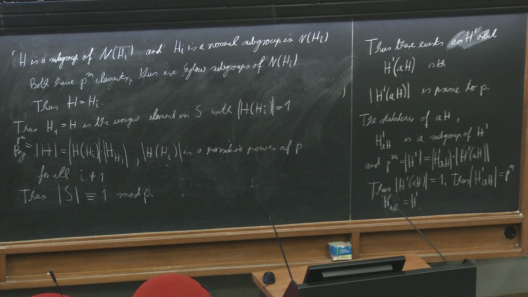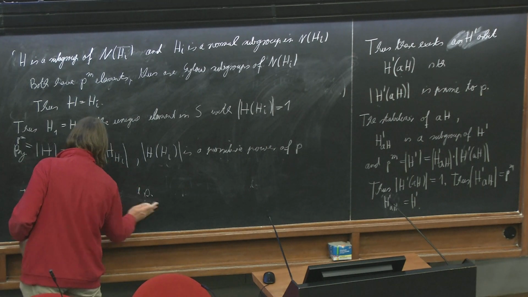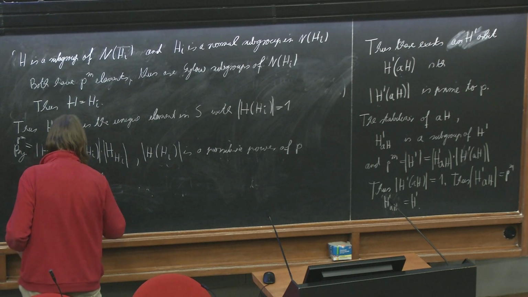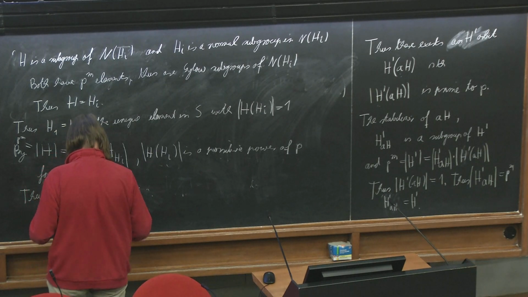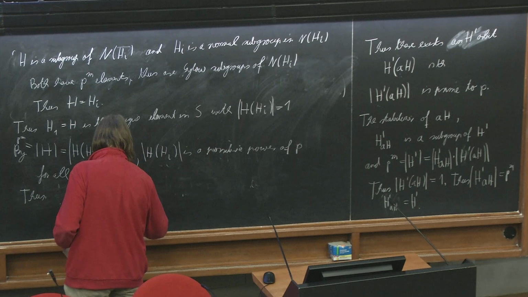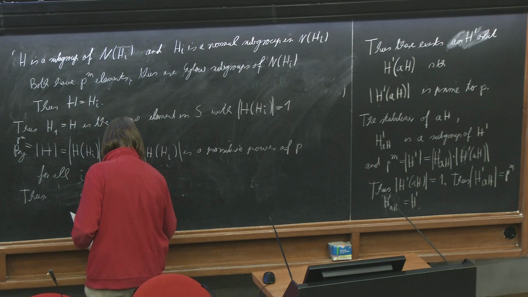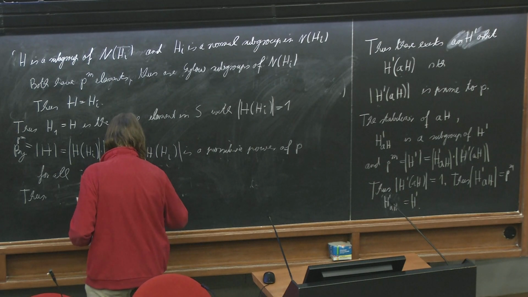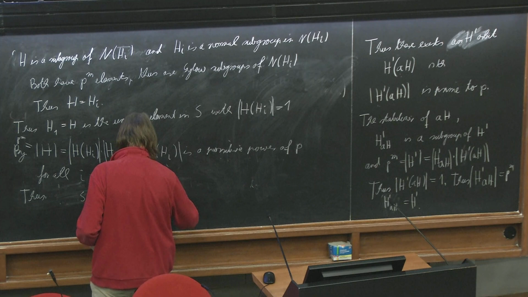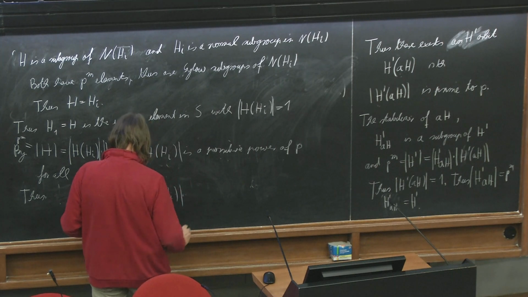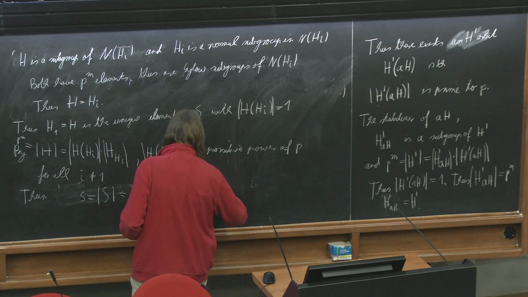Okay, so maybe I write it out. S, the number of elements in S, is equal to the sum over all orbits H of H_i, the number of elements in the orbit of H_i, and this is congruent to 1 mod p.